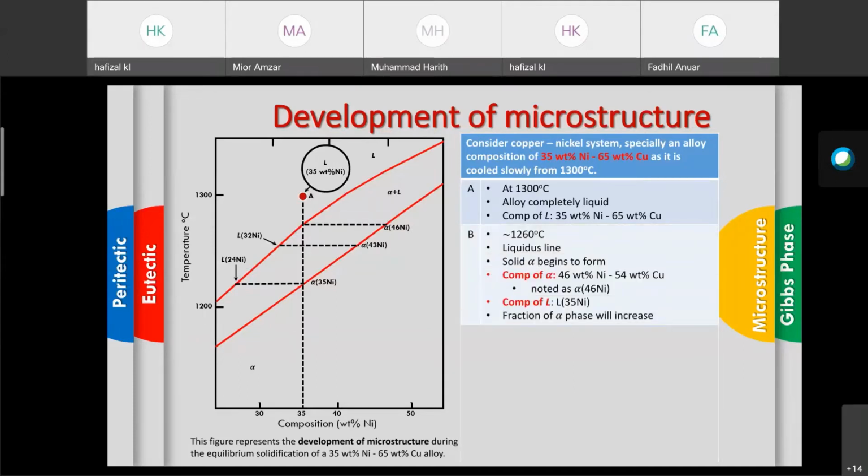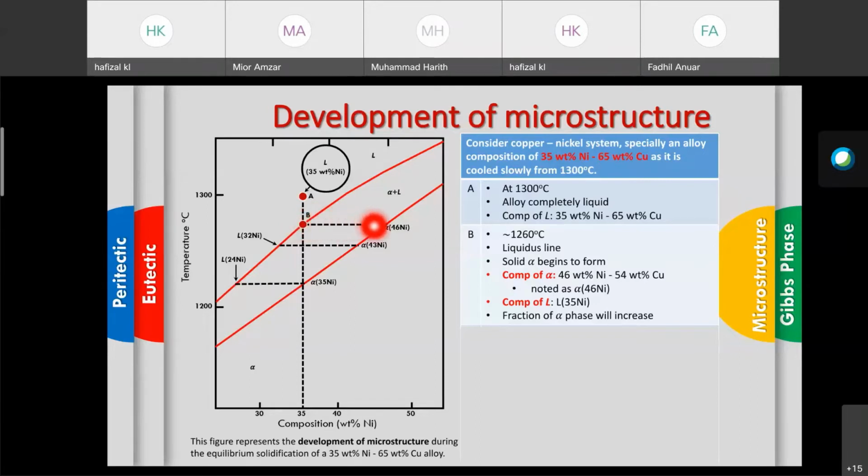So what happens at point B? Point B is at the intersection of the vertical line and the liquidus line. At this point the temperature is around 1260 degrees Celsius, so we can make a tie line, which is the projection of this line.